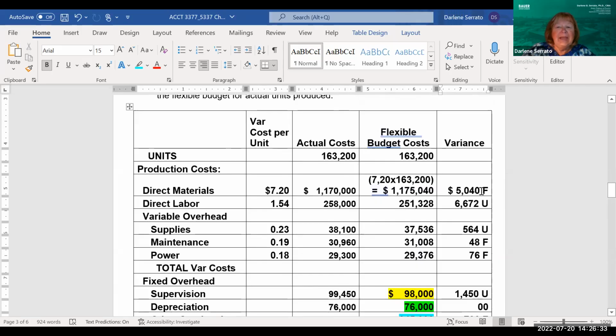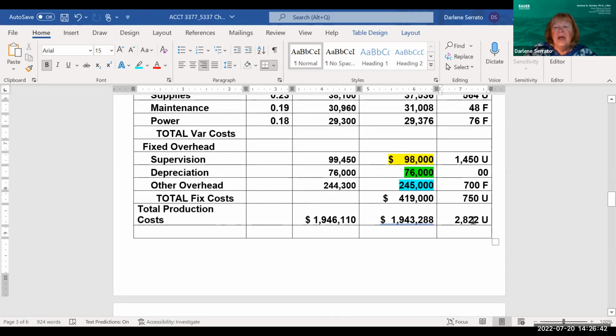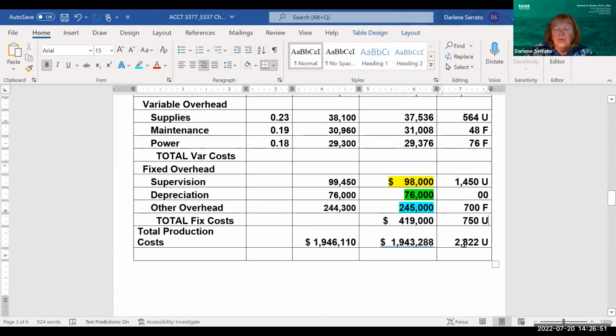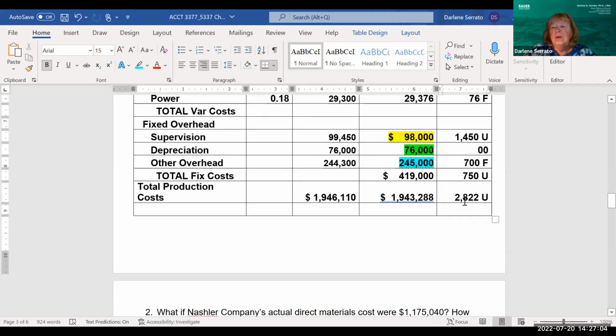So this would be a 0 variance, which means this variance would change. No, it would increase because this was favorable. So we're going from favorable to 0.